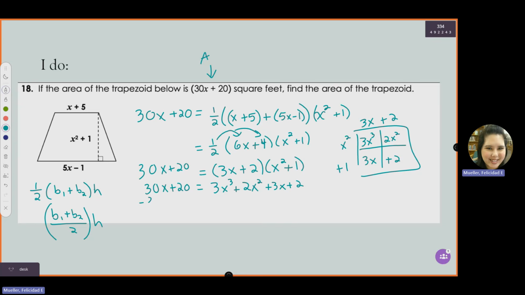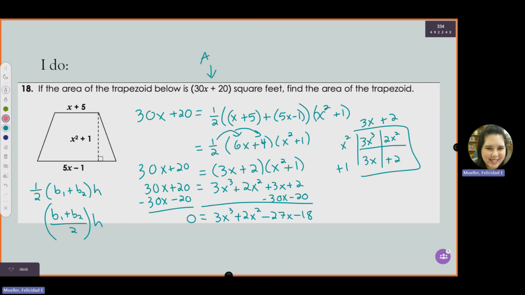So now we subtract 30x from both sides and 20 from both sides. Interesting, that's a multiple of 10 that I'm off on both of those, but I digress. 0 equals 3x cubed plus 2x squared minus 27x minus 18.